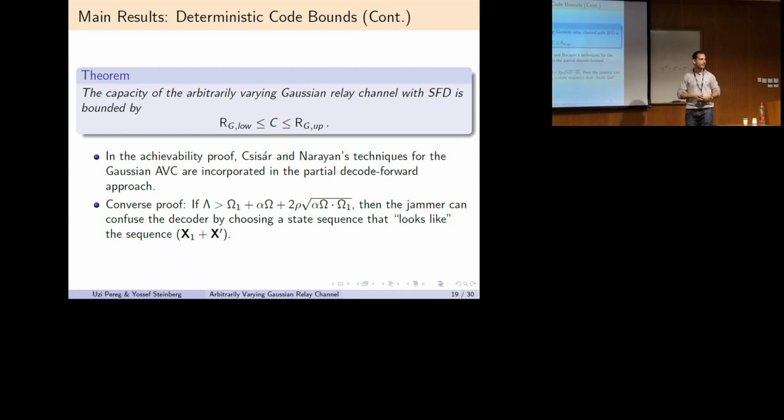So just a question, partial decoding forward is like a hybrid of amplify and decode? Or what's the partial? The partial means that the message is divided into two components, one is decoded by the relay, and the other is sent directly.